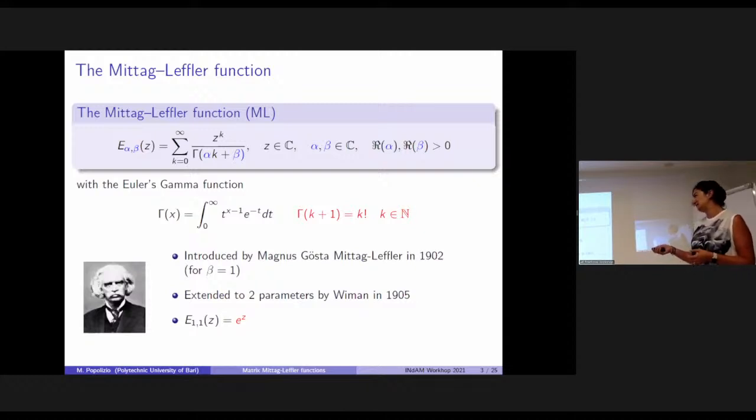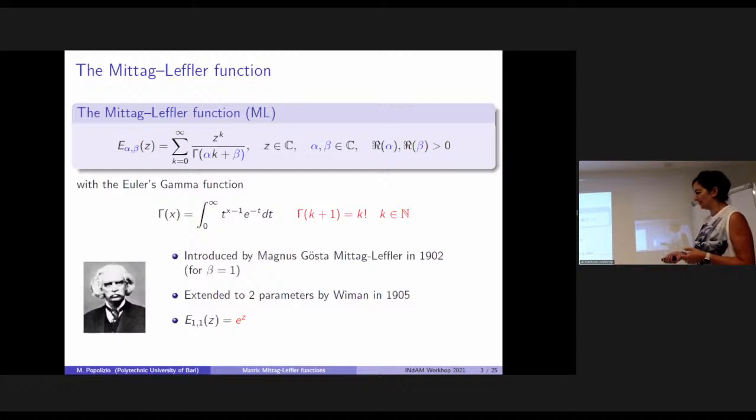It is interesting to notice that it actually generalizes the factorial. So when k is a natural number, we have this equality, but in general we may apply this function to more general arguments. And this is an important fact.